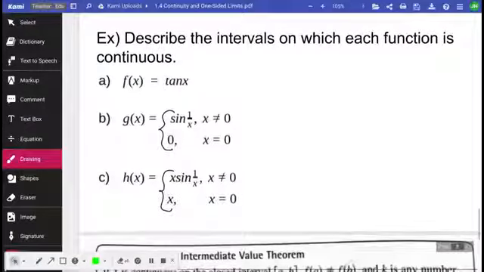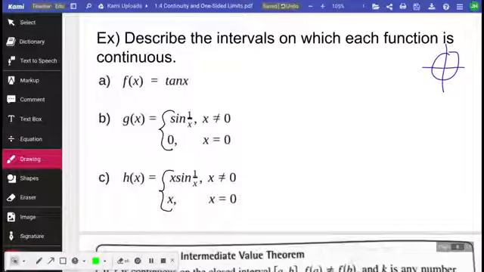We are going to now describe the intervals for each function where it is going to be continuous as well. All right, so if we're looking at the function tangent, if you recall, tangent is a really interesting function in the sense that it has quite a few asymptotes because tangent is sine over cosine. So anywhere that cosine is equal to 0, looking at our unit circle, which is here and here, tangent is undefined because there's going to be an asymptote there.